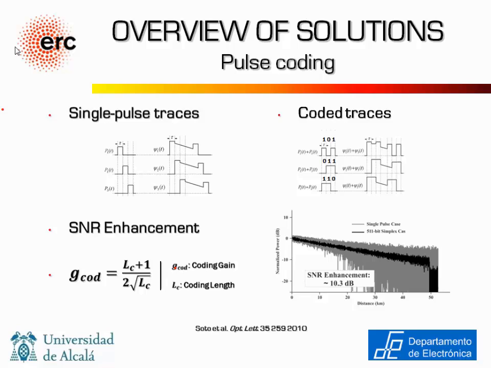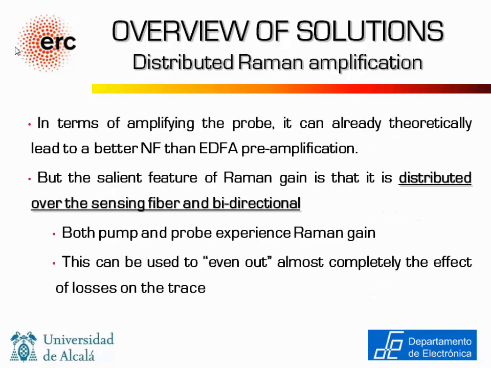For typical affordable code lengths, because this also has some difficulties in implementation, you might have signal-to-noise ratio enhancements of 10 dB, which again is just 25 kilometers. So we are fighting for every 25 kilometers. Every 10 dB that we gain in signal-to-noise ratio is just adding 25 kilometers.